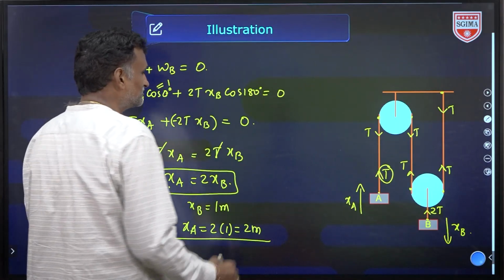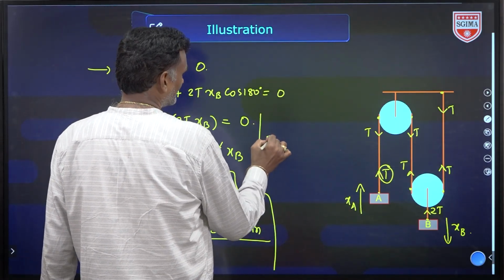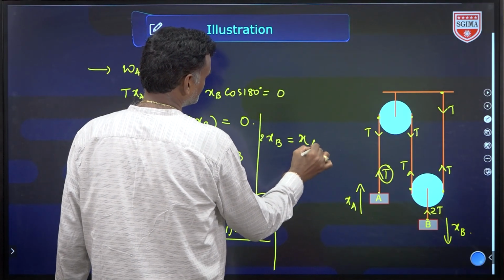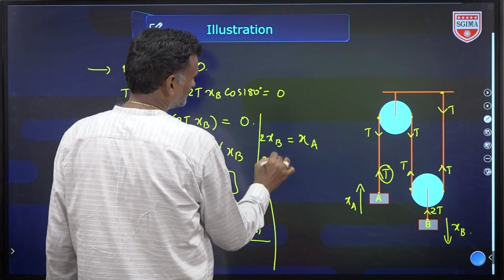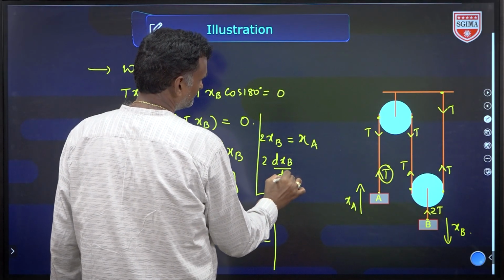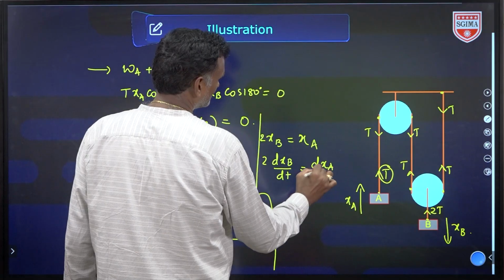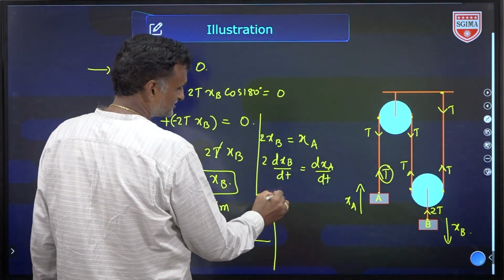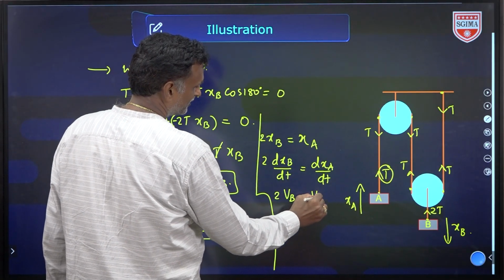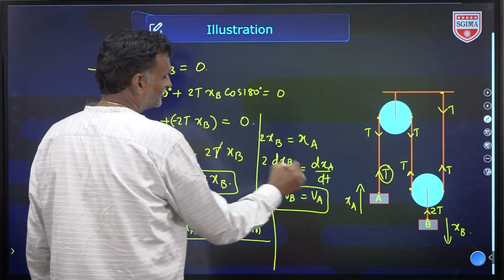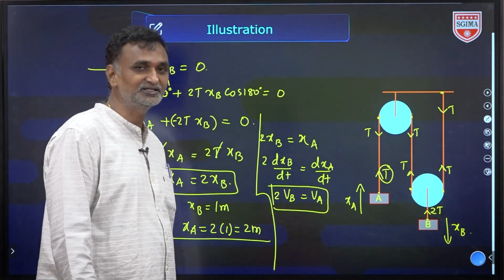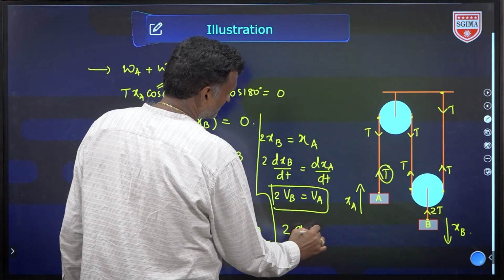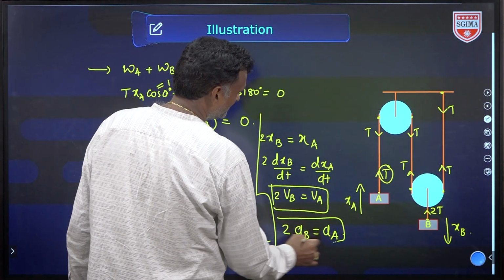So we write XA equals 2XB. Then differentiating, 2 dXB by dt equals dXA by dt. Differentiation of displacement with respect to time is velocity, so 2VB equals VA. Further differentiating velocity with respect to time gives acceleration, so 2 times acceleration of B equals acceleration of A.